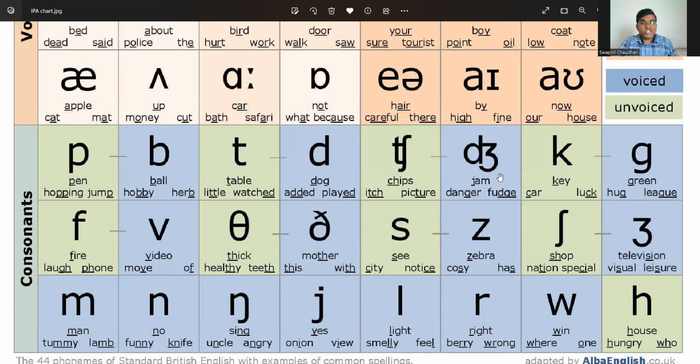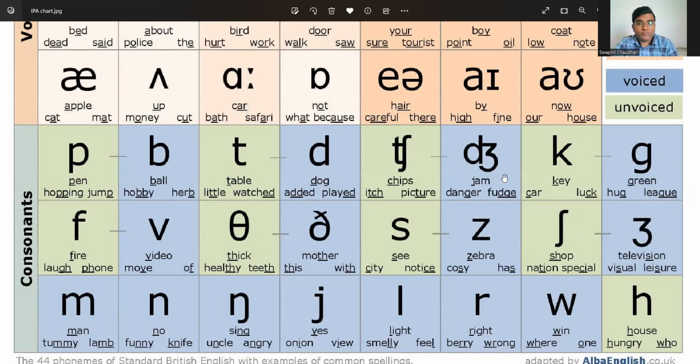Danger. Okay. So now focus on this. Zebra, visual, jam. Zebra is 100% blur. Visual is 50% blur.